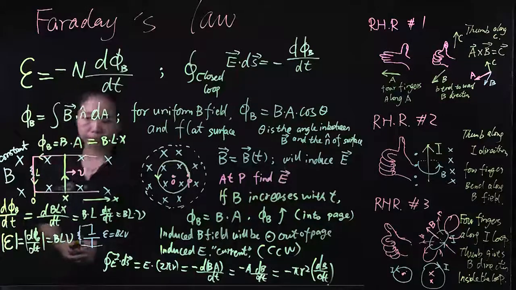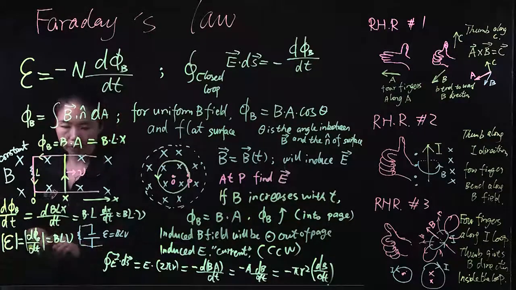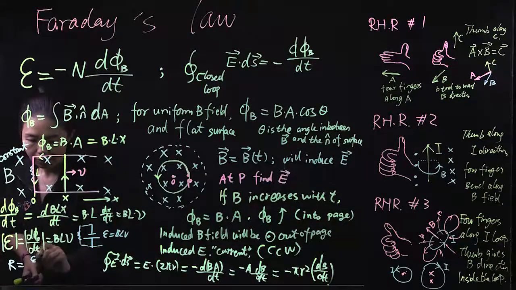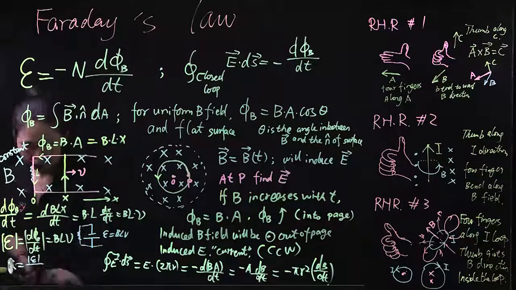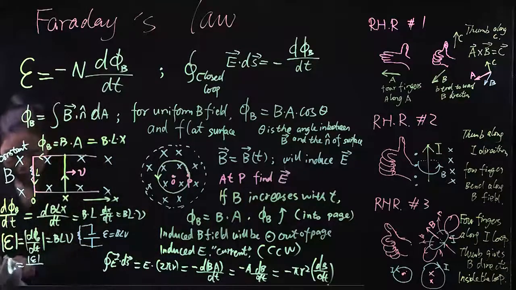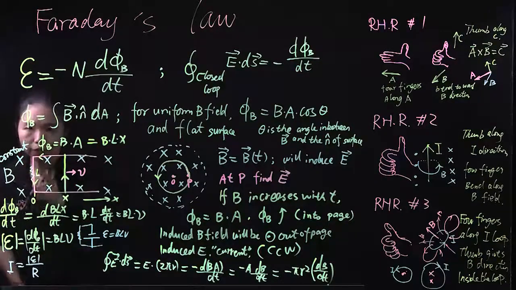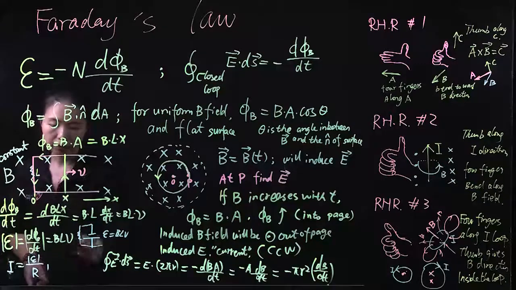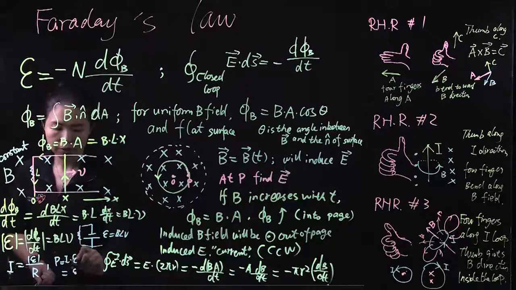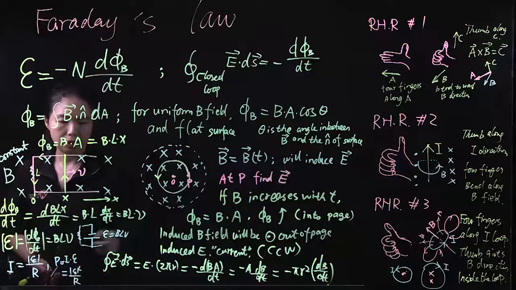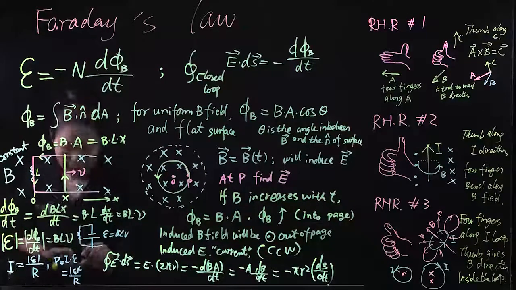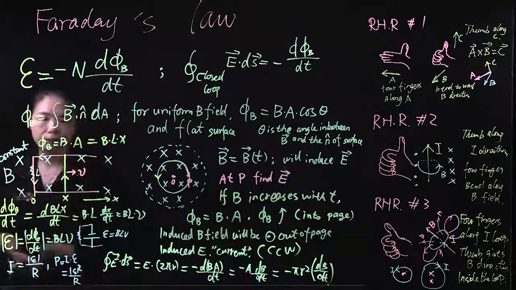And also, if you have a resistor R, we are going to have a current I equal to epsilon over R. And then correspondingly, the power generated here or used here is equal to I times epsilon, which is equal to epsilon squared over R, which is determined by the B field strength, the length of the wire, and the speed, squared, over the resistor.